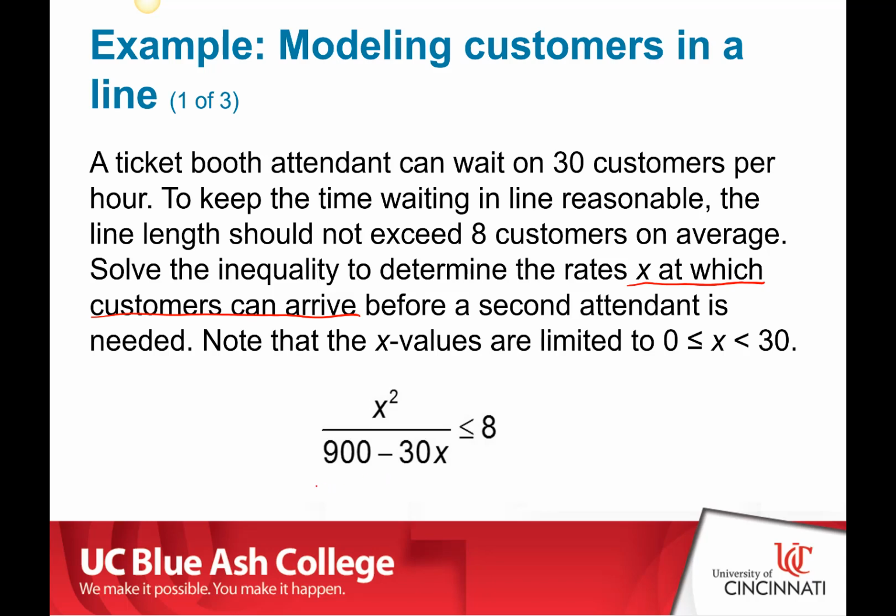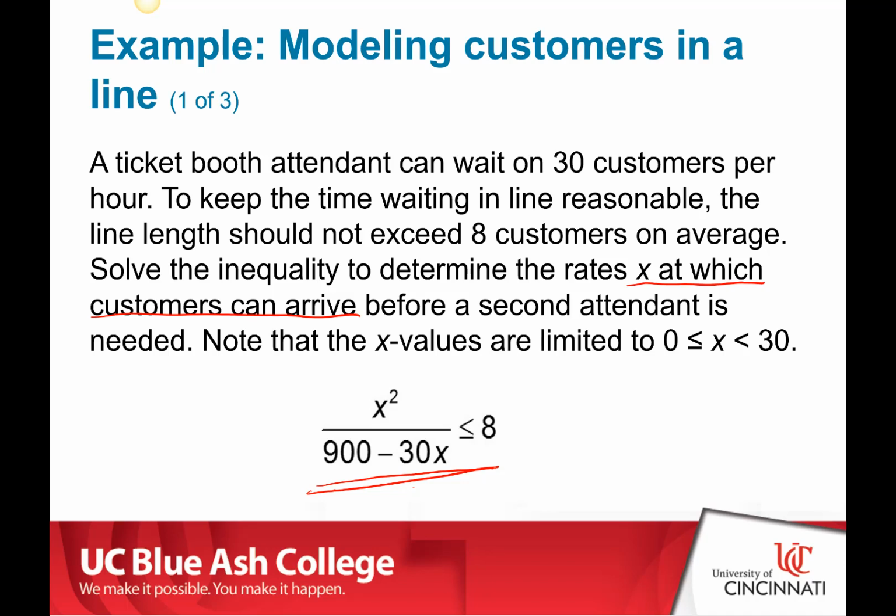Okay, here's the equation that we're given. You're the manager. Okay. At what rate can customers walk up before you've got to look at hiring a second person and open up a second window for tickets?